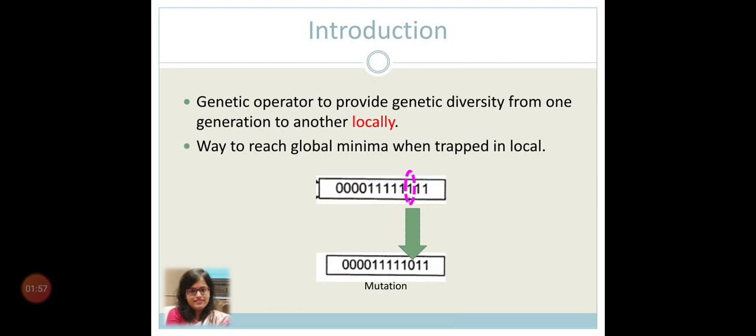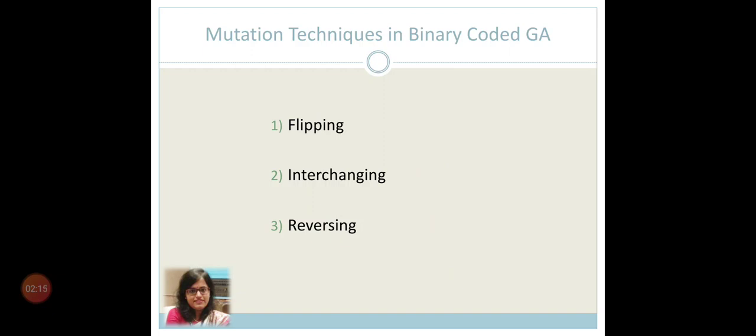So the basic principle of mutation is that if at one particular position, that is the mutation point, the value is 1 for a binary coded gene, then after mutation the value will be 0. This is the basic formula of mutation. So for the mutation techniques in binary coded GA, there are basically three types: flipping, interchanging and reversing.